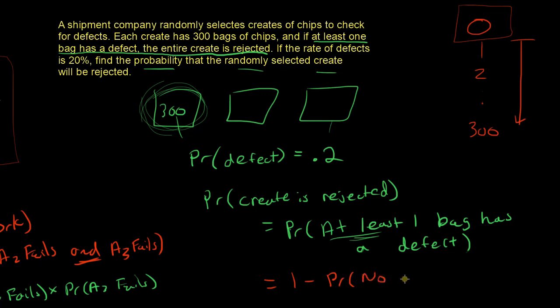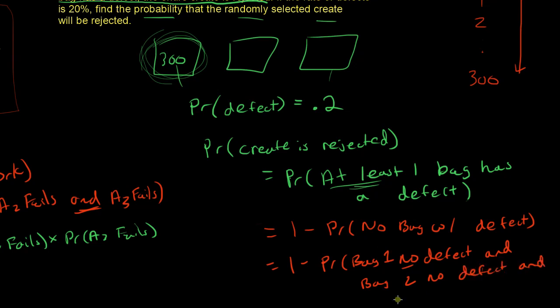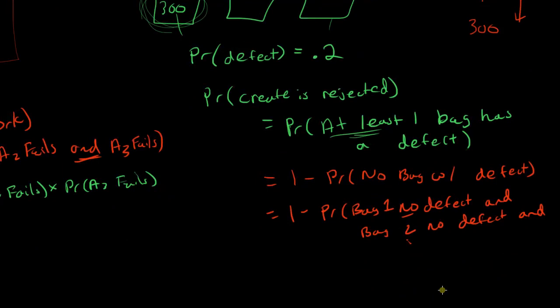So no bag with a defect. Okay, so at least one is 1 minus none. So this is 1 minus the probability that bag 1 has no defect and bag 2 has no defect, and so on all the way till we get to bag 300 has no defect.